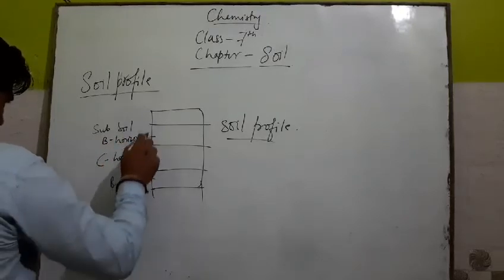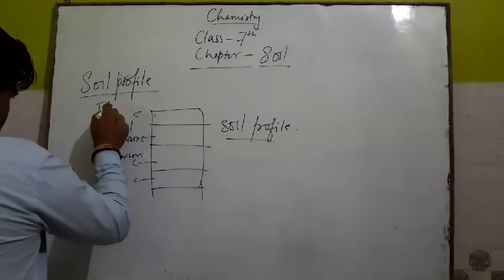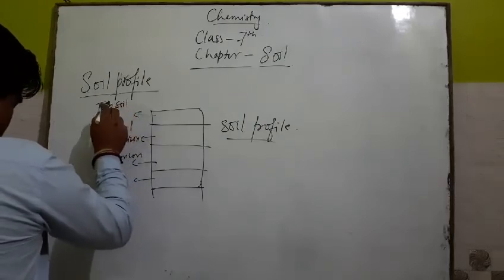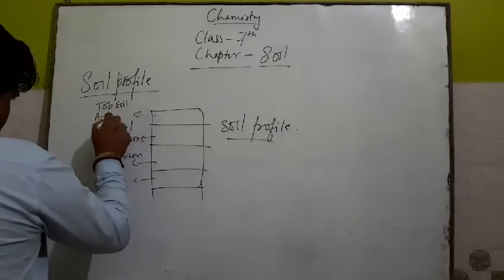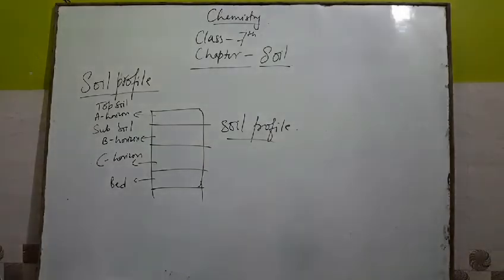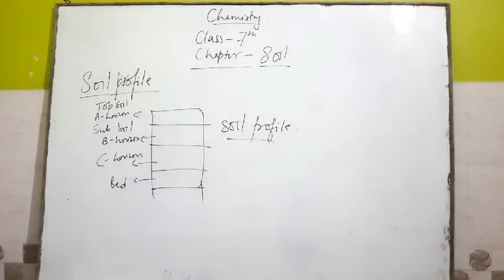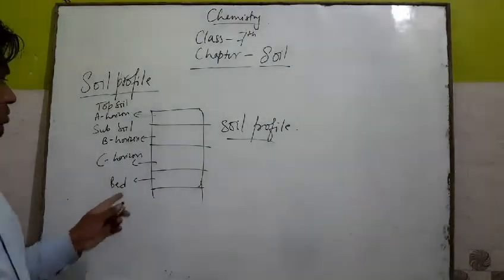This is topsoil, A horizon. So this is A horizon, topsoil, B horizon, subsoil, and C horizon, and this is bedrock.